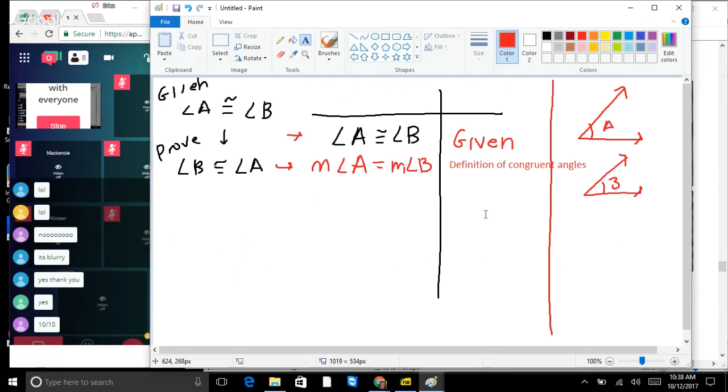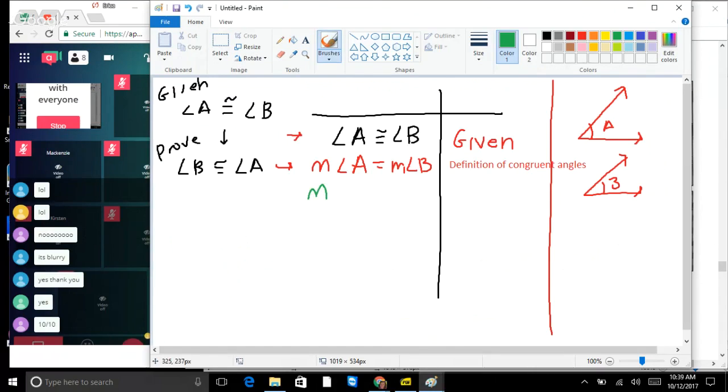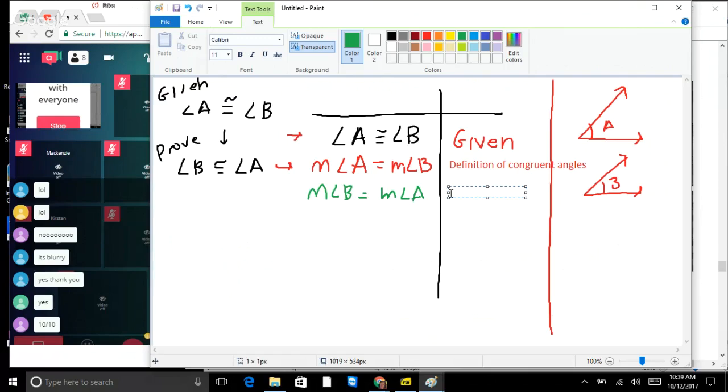And so then I can say, because of this property that we learned one section ago, the symmetric property of equality, that if the measure of angle A equals the measure of angle B, then the measure of angle B equals the measure of angle A. And this is because of the symmetric property of equality.